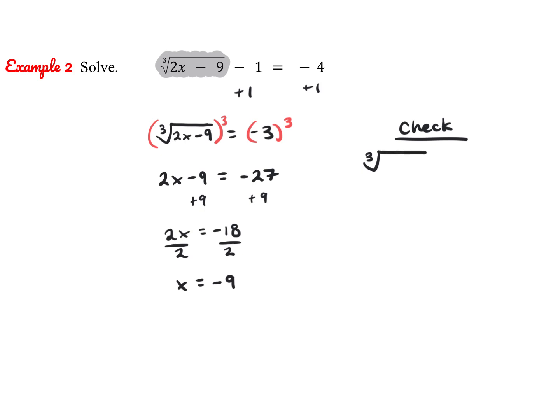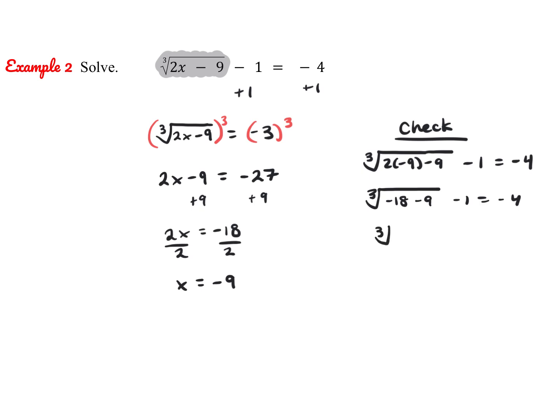So I have the cube root of 2 times negative 9 minus 9, and then minus 1 equals negative 4. So don't add 1 to both sides. We keep everything on the side that it's on, and we just simplify. Here, 2 times negative 9 is negative 18 minus 9.